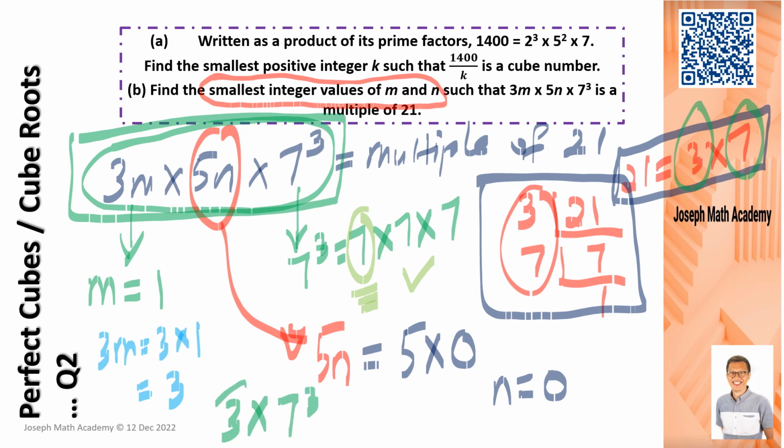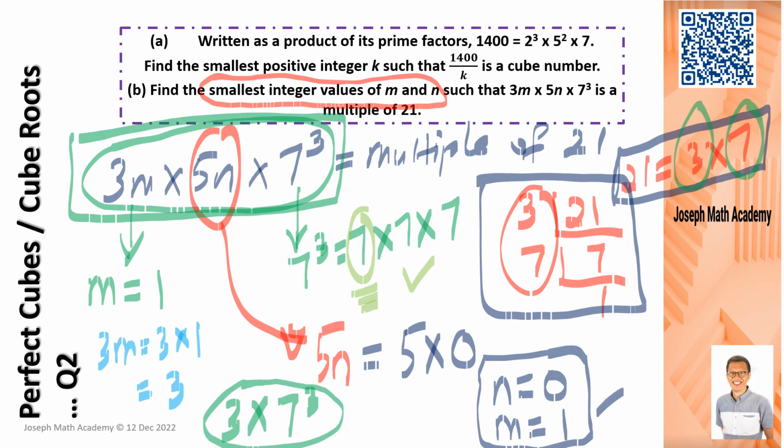This particular number is definitely a multiple of 21 because in that 3 times 7 cubed, it contains 21. So from here we can conclude that n is 0 and m is 1. This is our answer for part B.